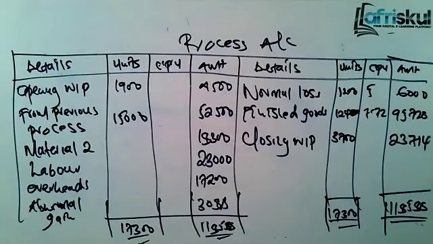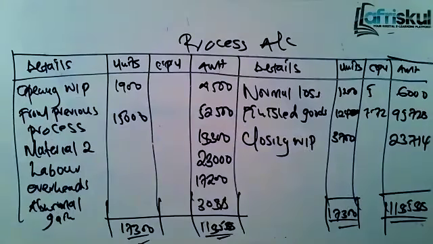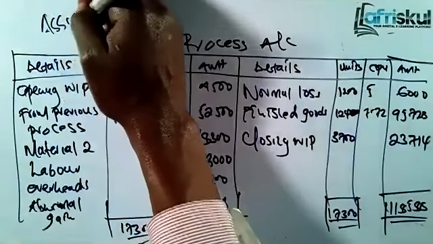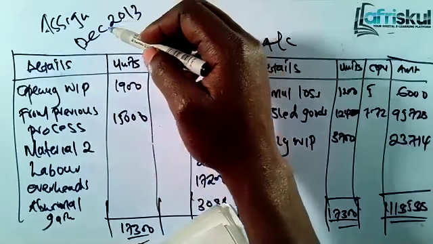So, assignment for process costing: make sure you attempt December 2013, question number 3.